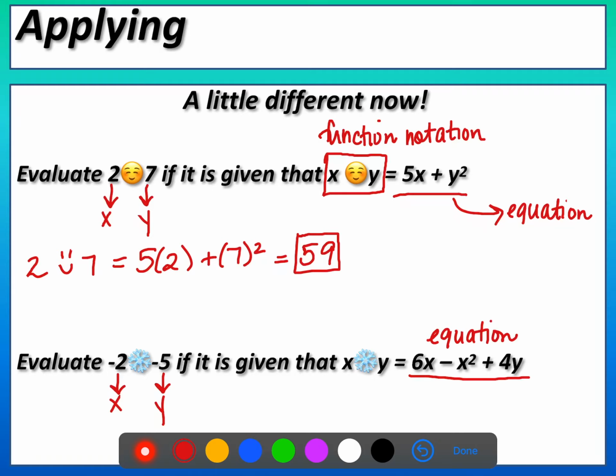So we're going to replace our x value with a -2 and our y value with a -5.